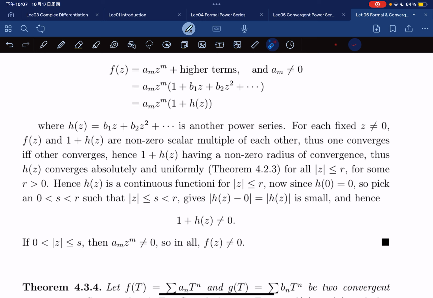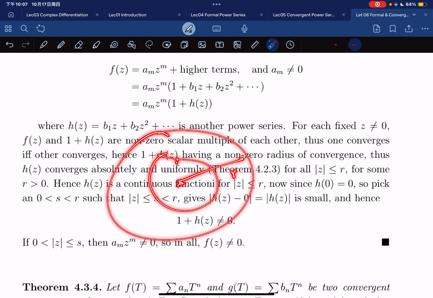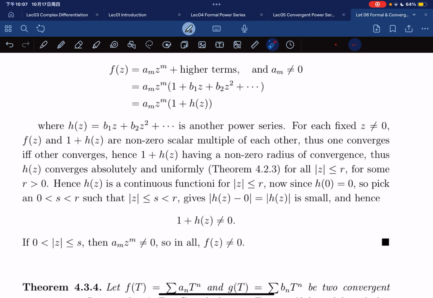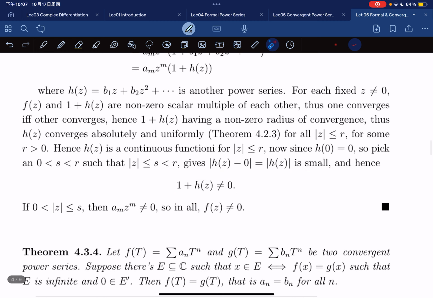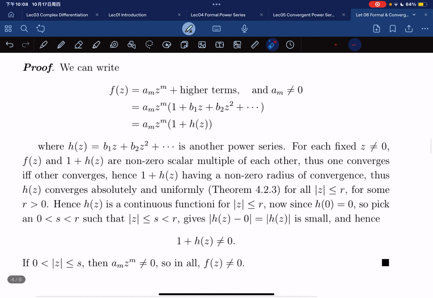Because h(0) is 0 and h is continuous on this disk, we can pick an s such that h(z) minus h(0) is very small, which makes 1 plus h(z) non-zero. So in this disk 1 plus h(z) is non-zero.